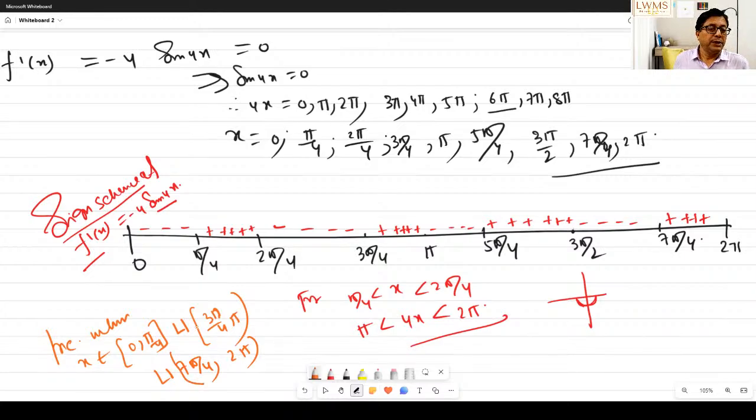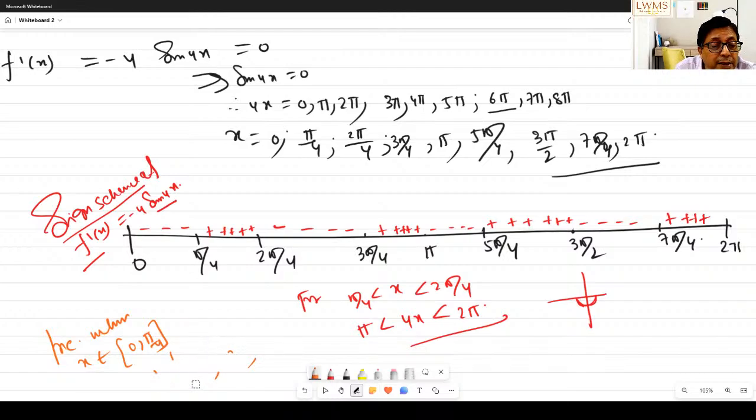Alright? This is increasing. Increasing means where minus of that is positive. Oh my god, 0 to pi by 4. Wait. Here we want sign scheme of this. Then you do it for cos 4x. So this one negative, derivative negative means original function is decreasing. Clear? So 0 to pi by 4 I have written not properly here.